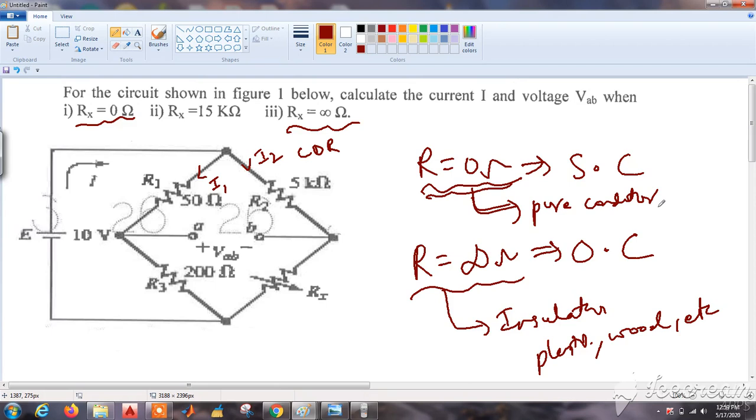Okay, and also remember that the voltage across an open circuit will be there and the current flowing through an open circuit will be zero. And in a short circuit, current will exist, but the voltage across a short circuit will be zero. Okay, thank you.